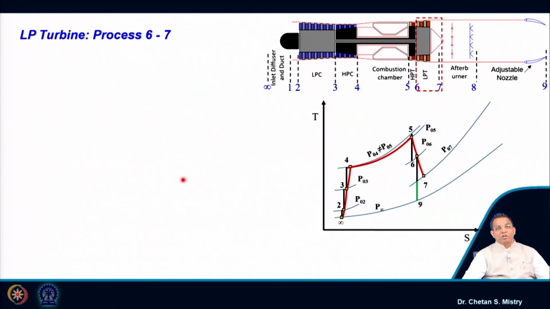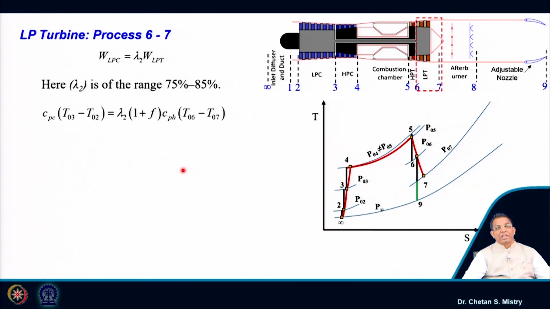Okay. So, here also I will compare my LP compressor work and my LP turbine work, which will be the same with the incorporation of my mechanical efficiency. If I do my work balance, then we are able to calculate my exit temperature from the LP turbine.